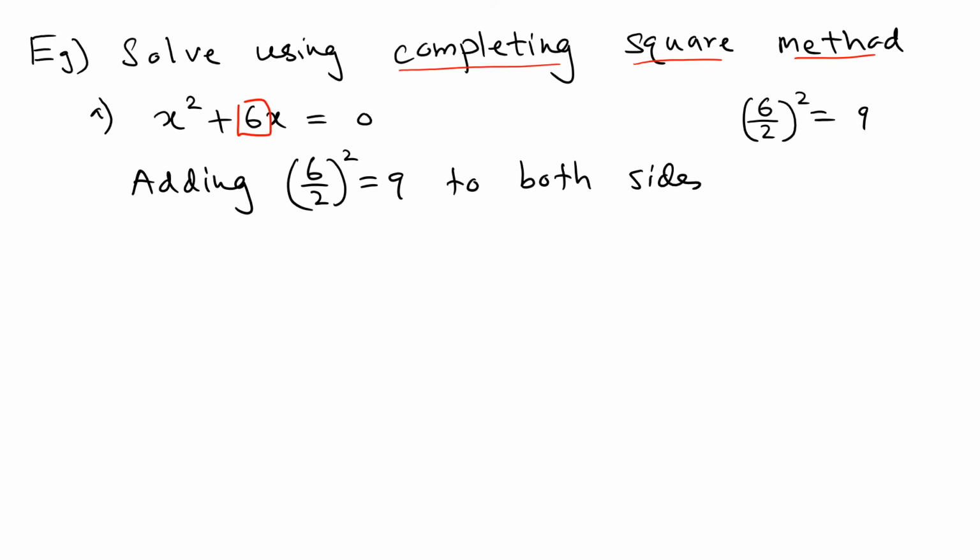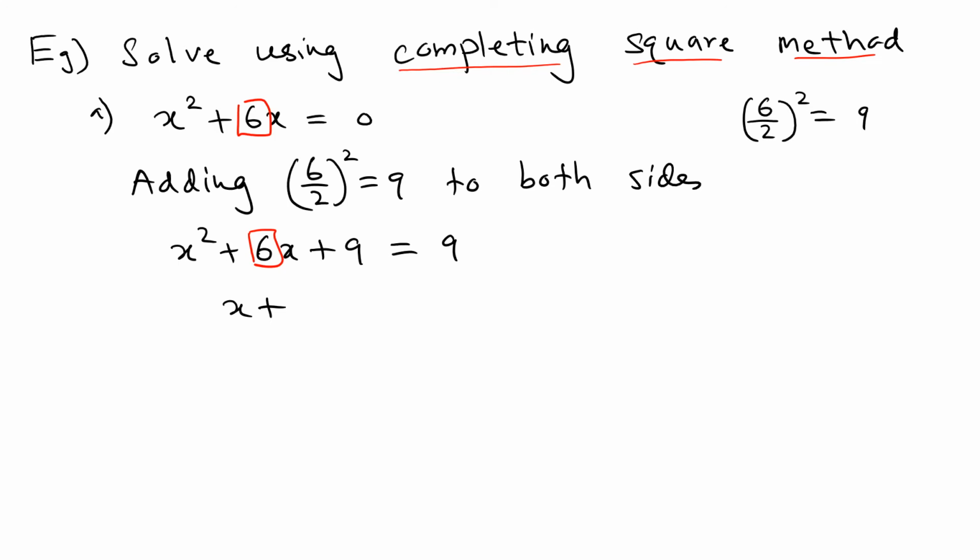So we get x squared plus 6x plus 9 on this side, and the other side simply becomes 9 because there's a 0 there. Now the left hand side is automatically a complete square, and that's the whole reason why we add that. So this side is x plus half of this term, which is 3.